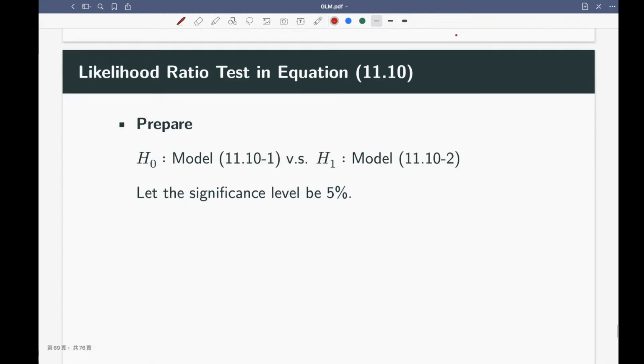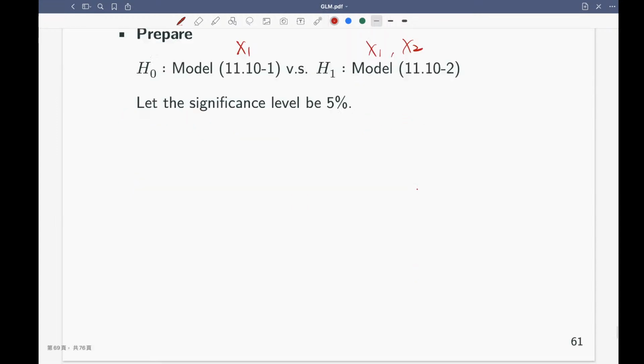Here I use the Logit model to do the example. At first, I use model 0 in our null hypothesis, which uses only X1. And model 1 in the alternative hypothesis uses two regressors, X1 and X2. And we choose the significance level to be 5%.